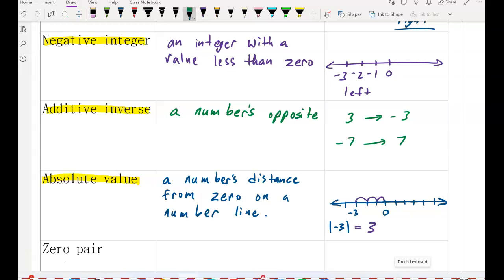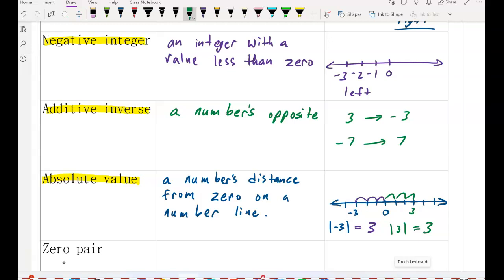Okay, but what about the absolute value of 3? Well, let's find 3 on the number line. Here's 0, 1, 2, 3. Here it is. How far is 3 from 0 on the number line? Well, it's 1, 2, 3 units from 0. So the absolute value of 3 is 3.